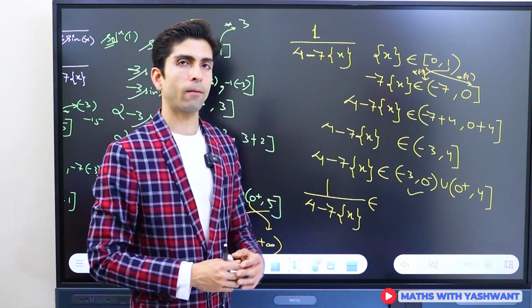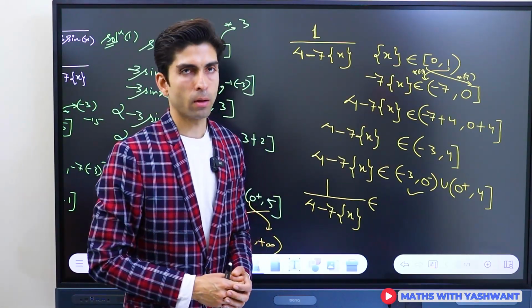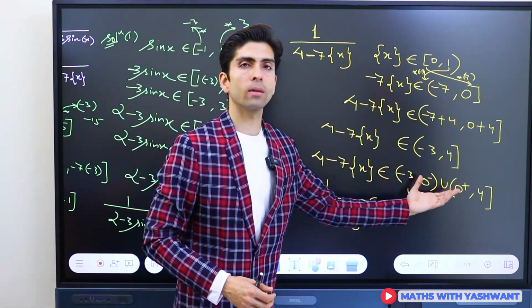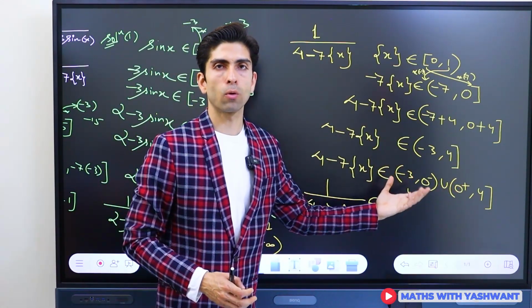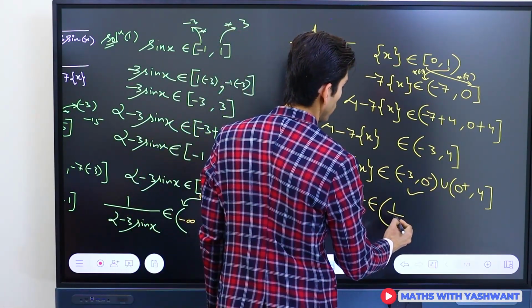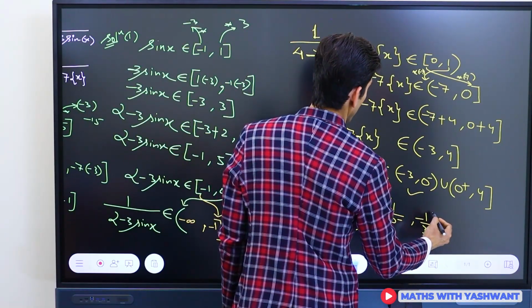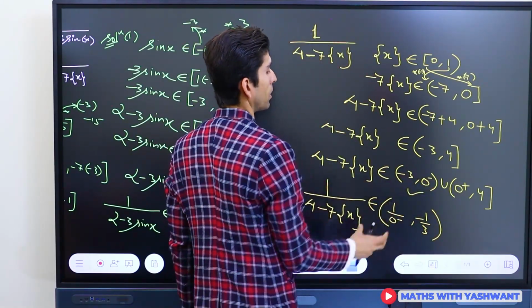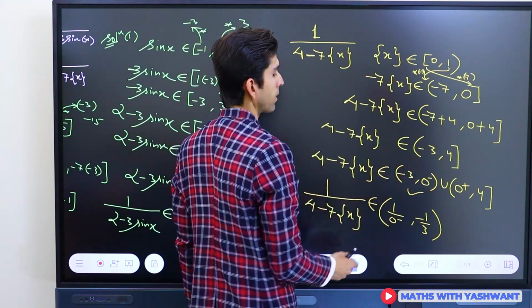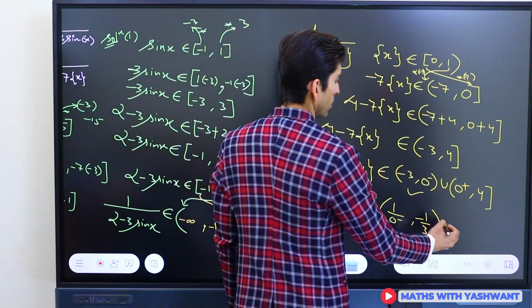For case 1 we simply do the reciprocal and reverse the order, because we have already broken the interval at 0, so there is no need to worry a lot. So this will be 1 upon 0 negative, and this will be 1 upon 3. Both the boundary points have open sign, so if you reverse the order, it won't affect.